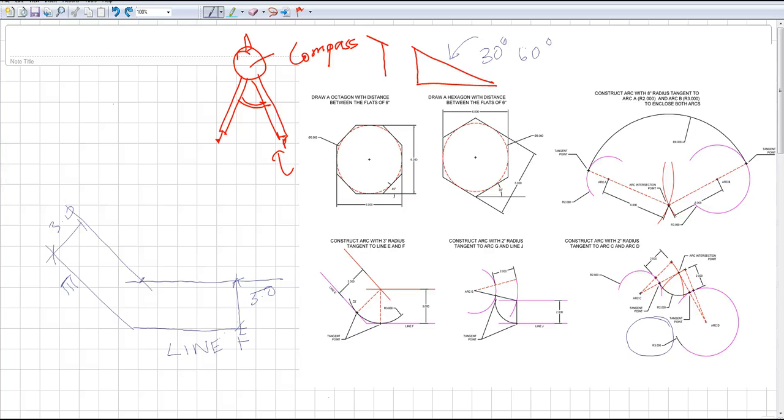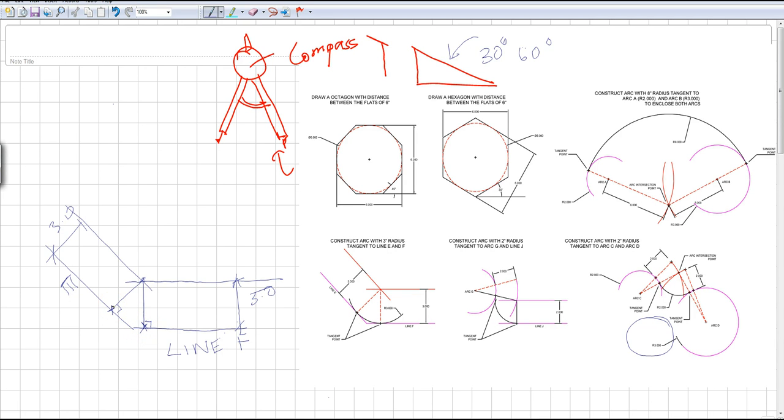All I have to do is go to my point of intersection, which I just got, and make a straight line or a 90-degree line going to line F. I would do the same thing to line E, drawing a line from the intersection to line E, which is 90 degrees. So I already found my tangent points, and one tangent point is right here and the other tangent point is right there.